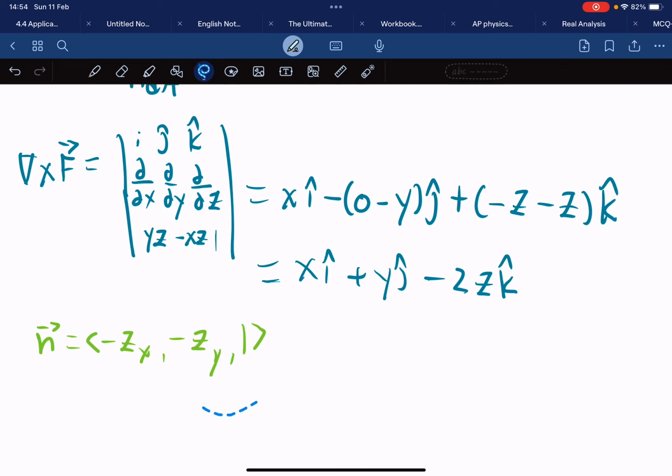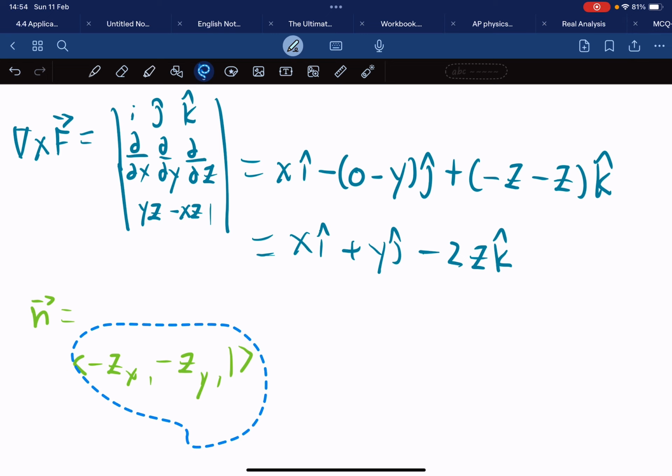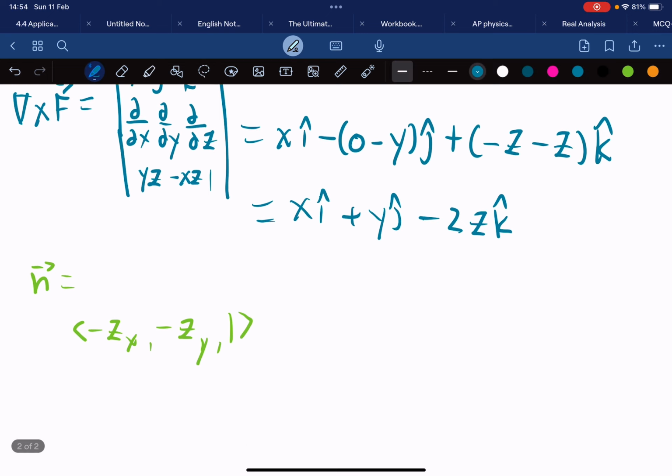And what we do is we dot these two together. So first we can write this in vector form, and we dot this with this in vector form, which is just x, y, negative 2z.